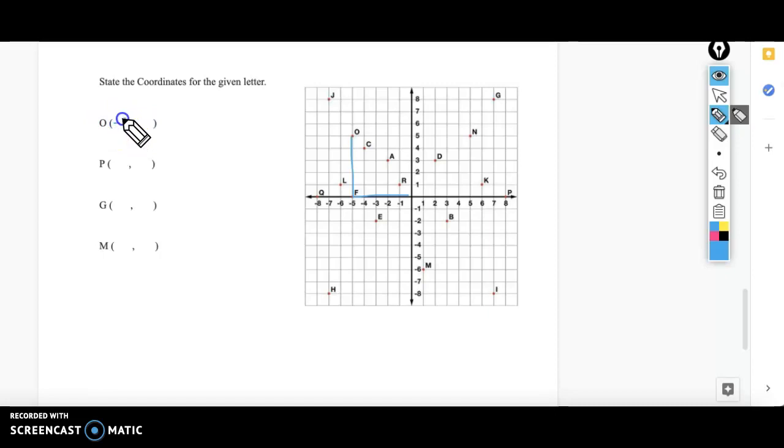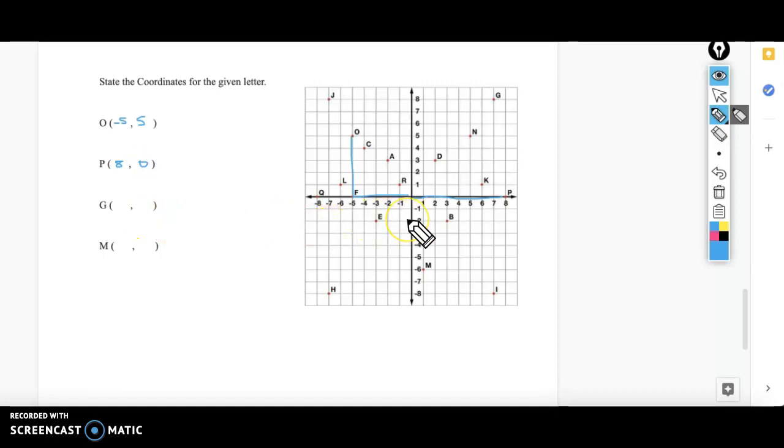So that means I put my left and right first, up and down second. P. Where's P? P is right here. So left and right first, 8, and then I don't have to move up and down at all, which means I moved over 8 and I moved up and down 0.